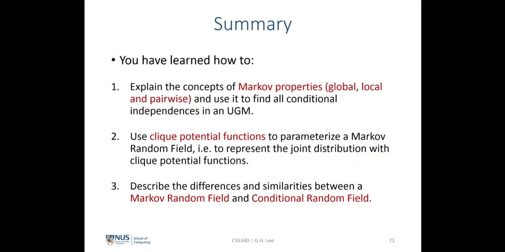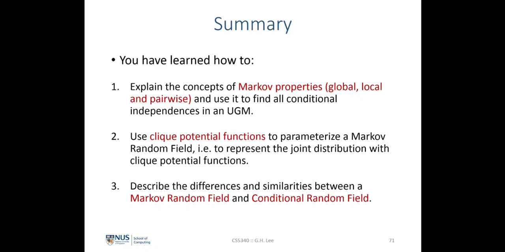So finally, in summary, we have explained the concept of Markov properties, in particular the global, local, and pairwise Markov properties, and used them to find all conditional independence in an undirected graphical model.